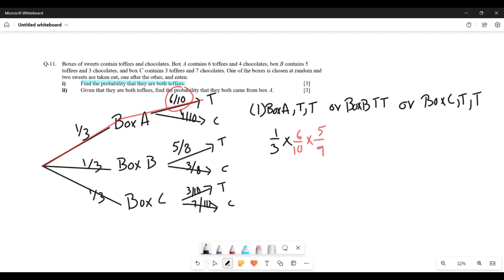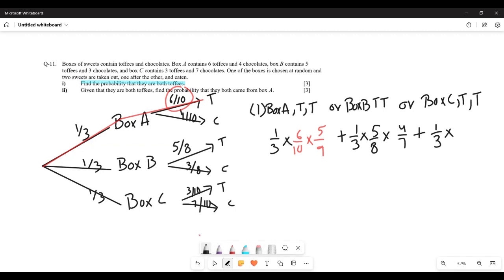Plus the probability of choosing box B is 1/3. The probability of getting the toffee the first time is 5/8. And then the probability of getting a toffee again is 4/7. Plus box C: the probability of choosing box C is 1/3.